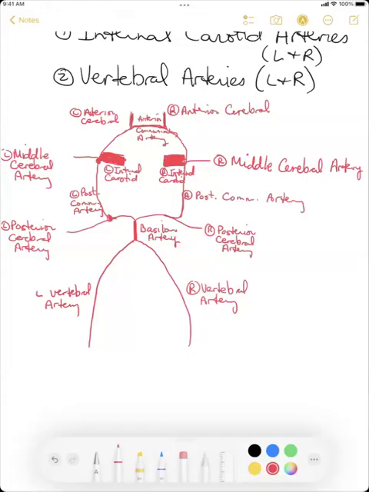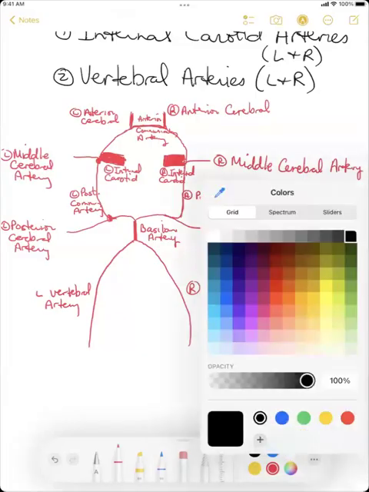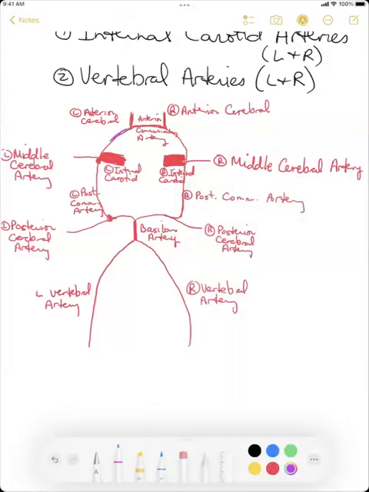What I want you to really pay attention to here, however, is that there is a circle connection of all of these arteries. Even though it's not a great extra blood supply, if one of the arteries gets blocked off, there's a connection between all of them in this little circle pattern.